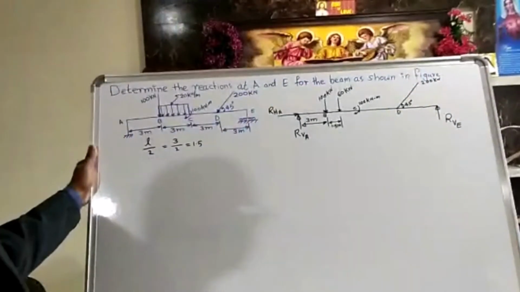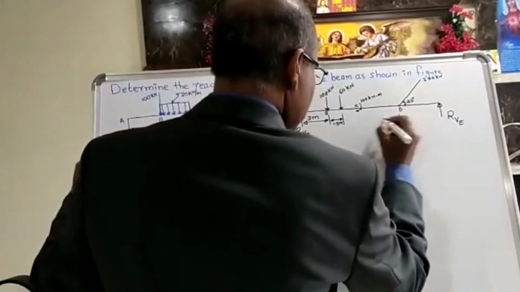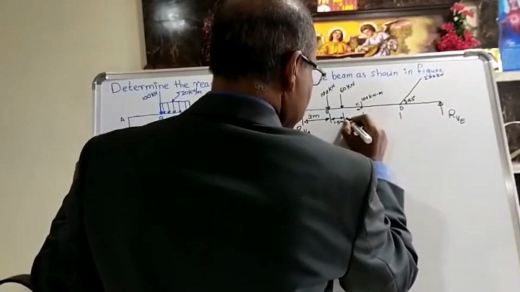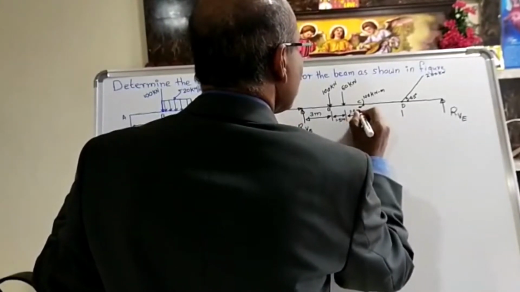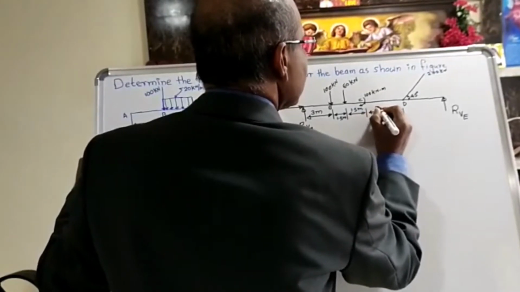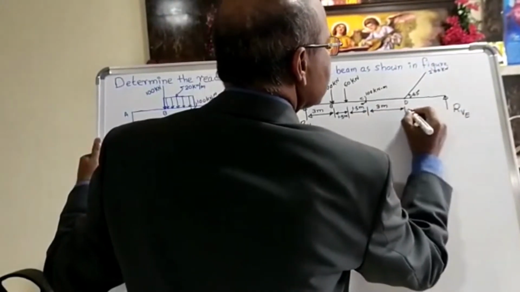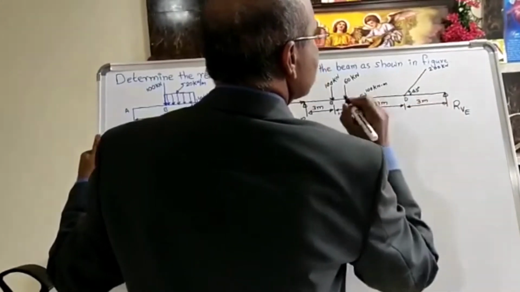This much distance will be 1.5, and this distance will be 3 meter. It is given there 3 meter, and the remaining distance is also 3 meter. It is given in the question.